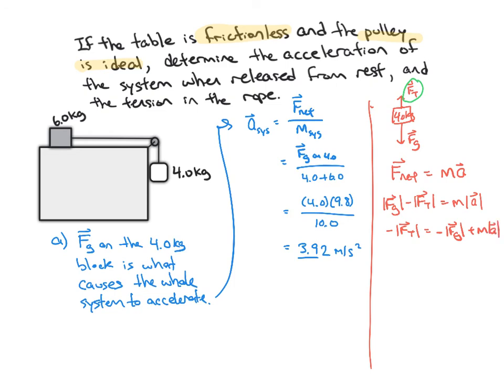Now I've got negative tension isolated. So to get positive tension, I multiply both sides by -1. That effectively just changes the sign of every term. And I'm almost done. I'm going to replace the force of gravity with mg.